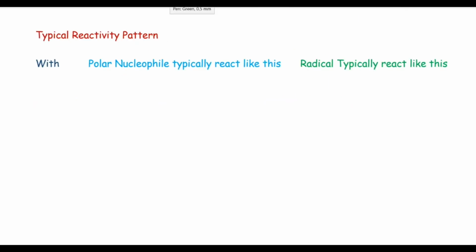Now we will see the typical reactivity pattern of nucleophile, that is polar nucleophile, and radical. So with unsaturated carbonyl compound, the nucleophile reacts like that.